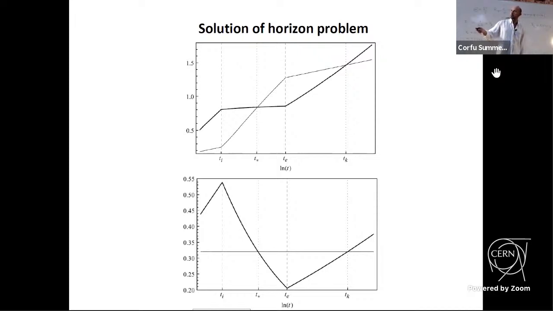So here the growth of the Hubble radius stops more or less, but lengths are exponentially stretched, are inflated, to the point where this perturbation, which was well inside the horizon, at some point grows and passes the horizon size. Then inflation ends, and the Hubble radius again starts to grow. Also the wavelength grows, but not as fast as the Hubble radius, until the Hubble radius catches up and includes again this perturbation.